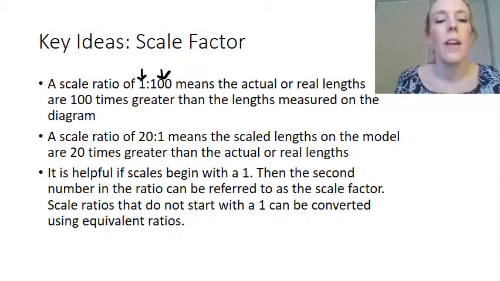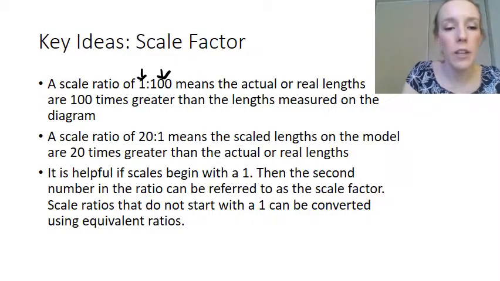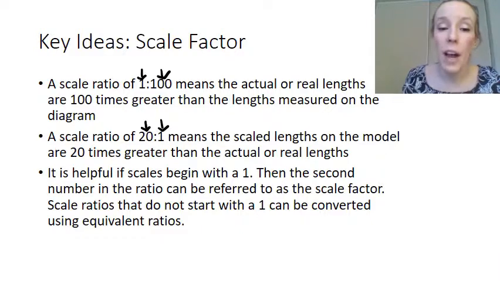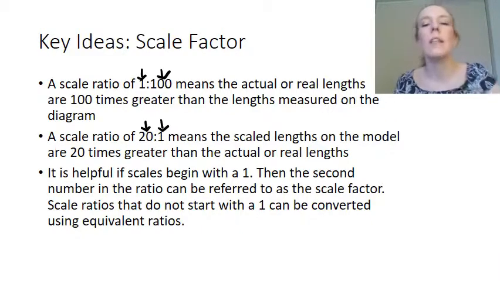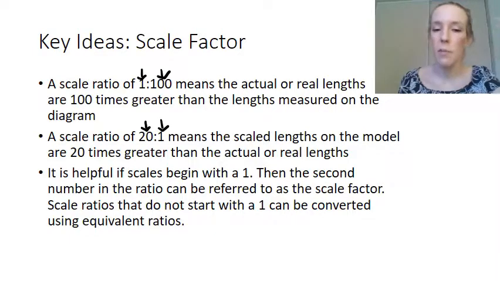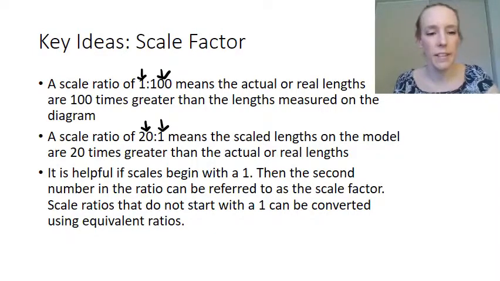For a scale ratio of 20 to 1, 20 means the model or the map, and 1 means real life, so the scaled lengths on the model are 20 times greater than the real lengths. Like I was talking about before, if you've got a model of a bacterium, 20 millimeters on the model might mean 1 millimeter in real life. That'd be a huge bacterium, but maybe pollen or something like that.